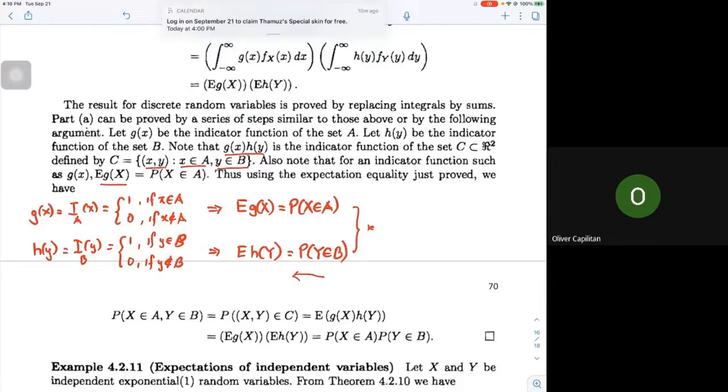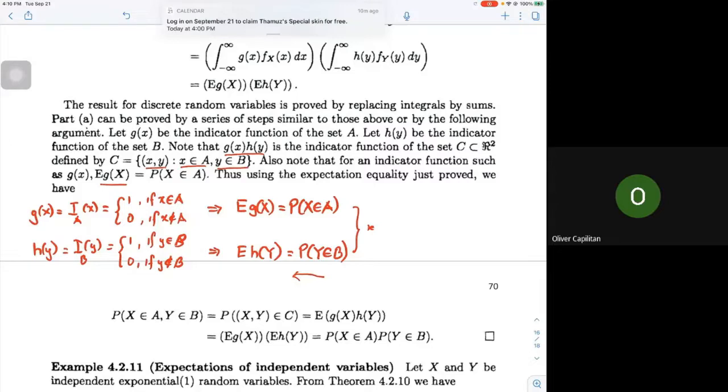And then since we have independent random variables here as assumed in our theorem, the function of x as well as the function of y are also independent.